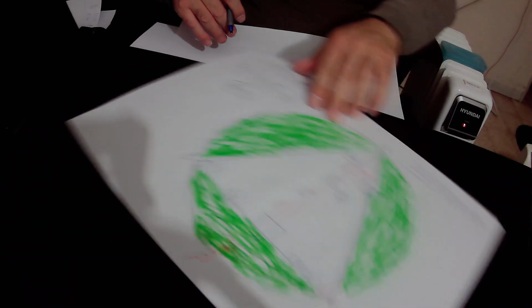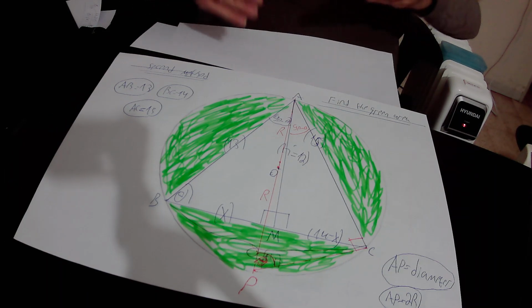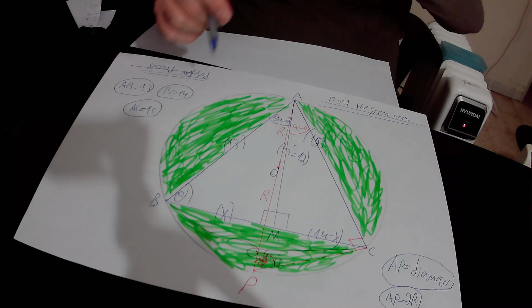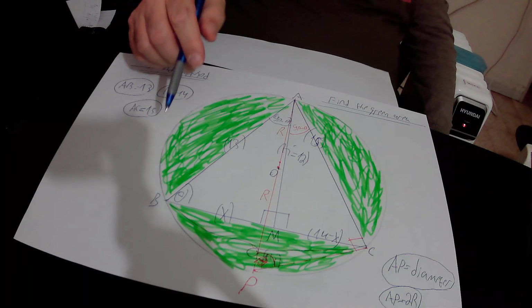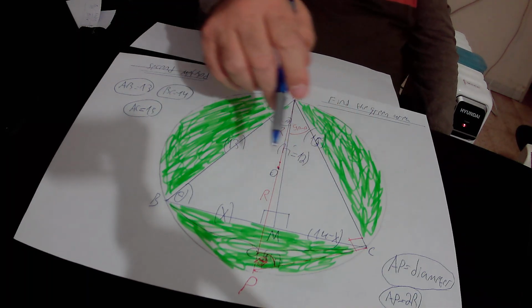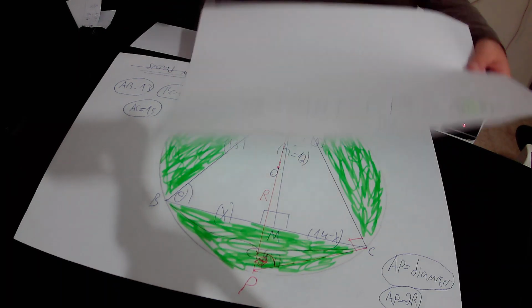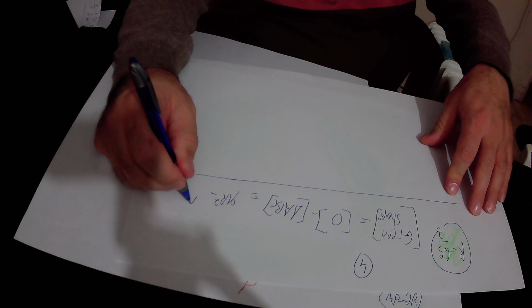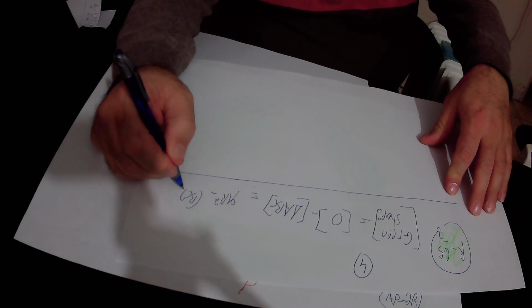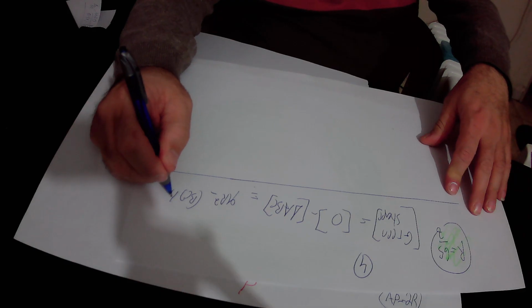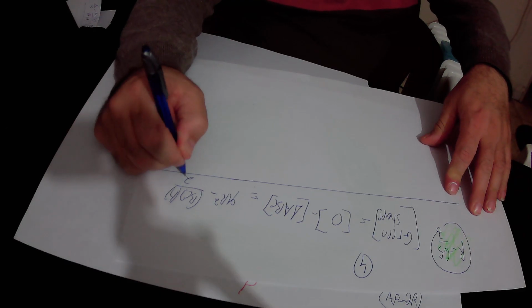What is the area of triangle ABC? From the drawing it is very easy to see that the area of triangle ABC equals the base of the triangle, that is BC, times the height to the base, that is h, over 2.